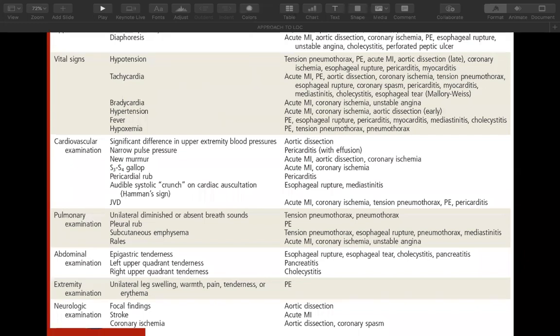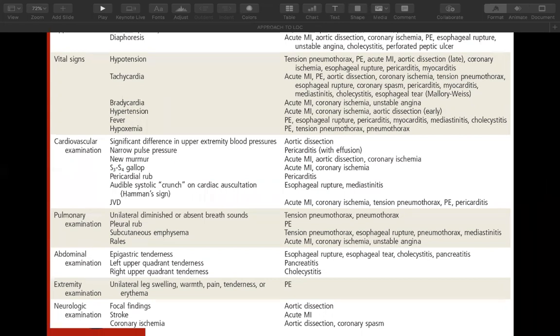If the patient is presenting with diaphoresis, again, you can think of unstable angina, pulmonary embolism, esophageal tear, or even perforated peptic ulcer. When you do your vital signs, if the patient has hypotension, we think of tension pneumothorax or acute MI, or even pericarditis or myocarditis.